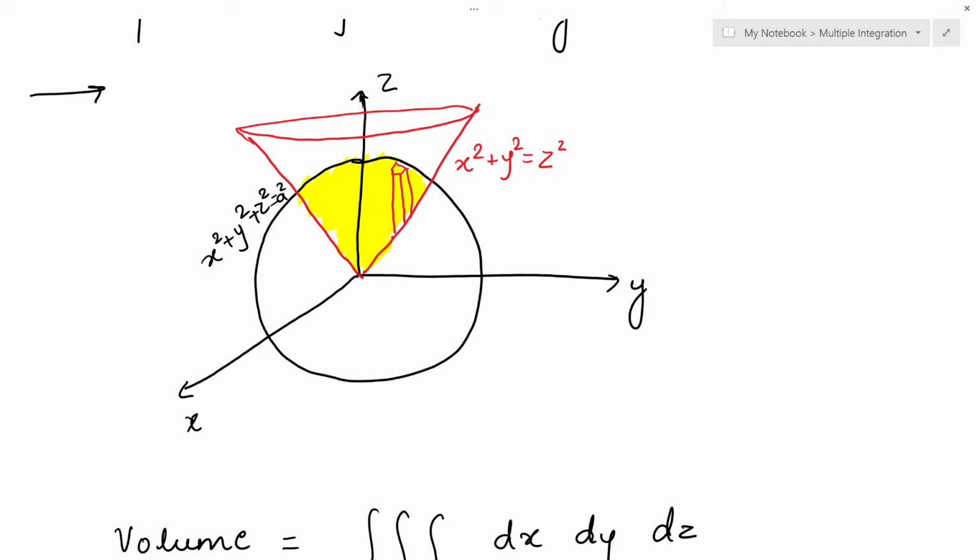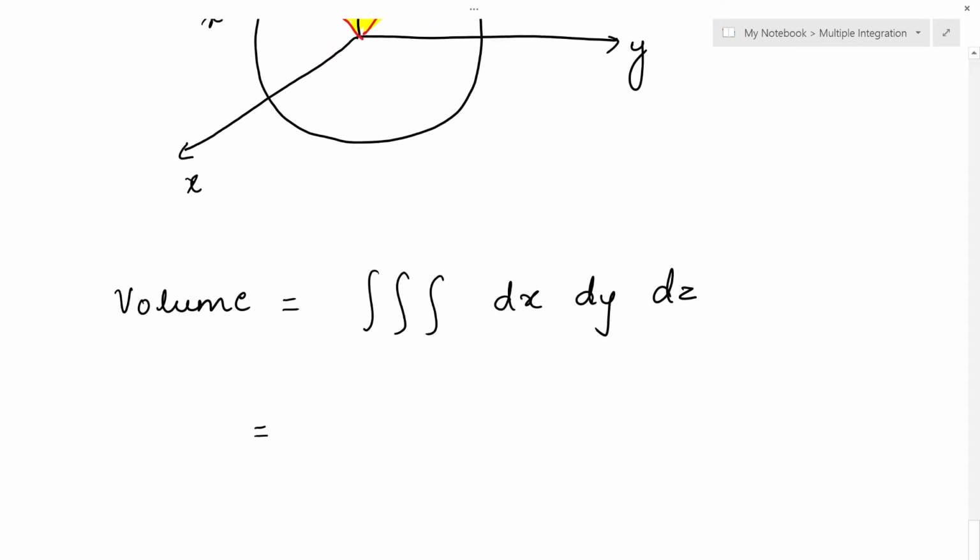What we did in the last lecture, find the value of z. The value of z in this case will be what? One value of z will be under root of x square plus y square, and another value of z which it touches up will be under root of a square minus x square plus y square. Again, that is under root, right? So let us find the limits of z.